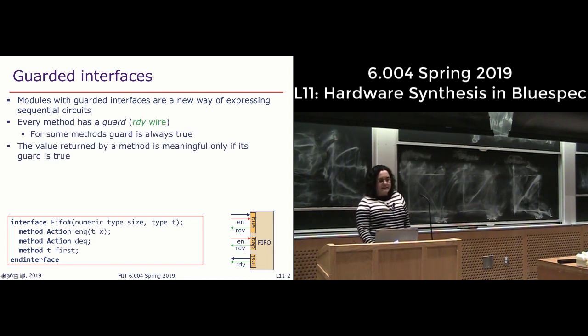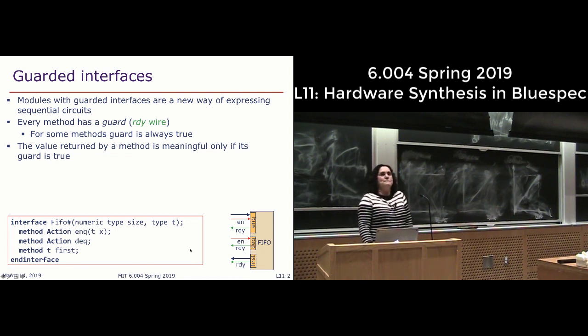The first thing is that every method has a guard, or this ready wire. And so if we look at this example of this FIFO module, we see that all three methods, the first, the DQ, and the NQ, all have this green ready signal, which is the guard.